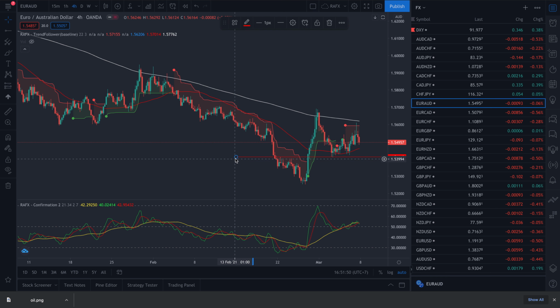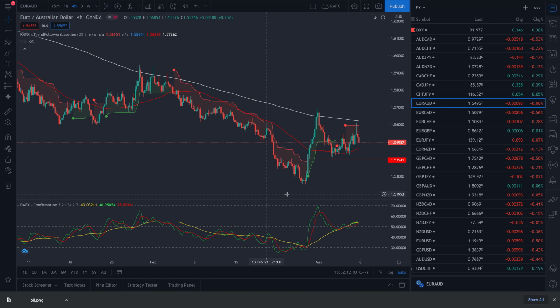So what I usually do is I give it room, so that if the price really breaks this level, then my long trade is invalidated.